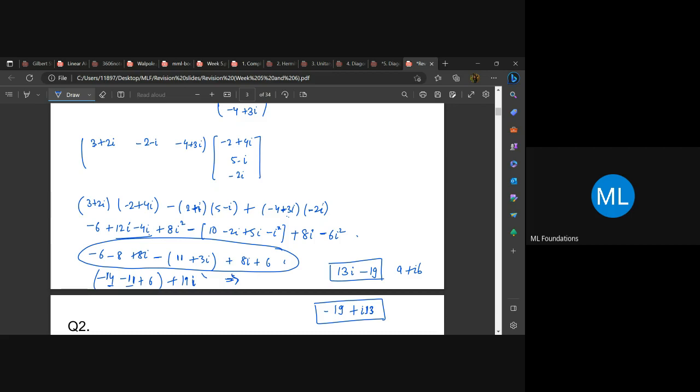You can just check it. So this is minus 6, minus 8. Minus 8i, right? That will be plus 8i. Minus 6, minus 8. No, ma'am, from above, it's plus 12i minus 4i, right? That will be plus 8i.